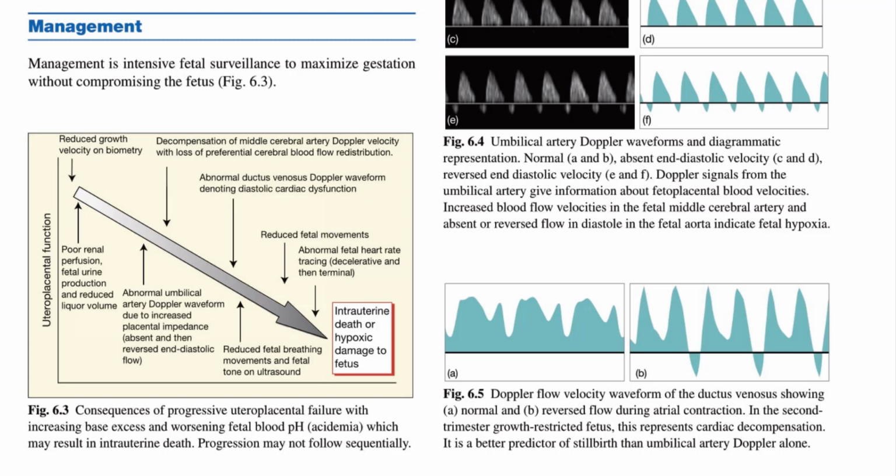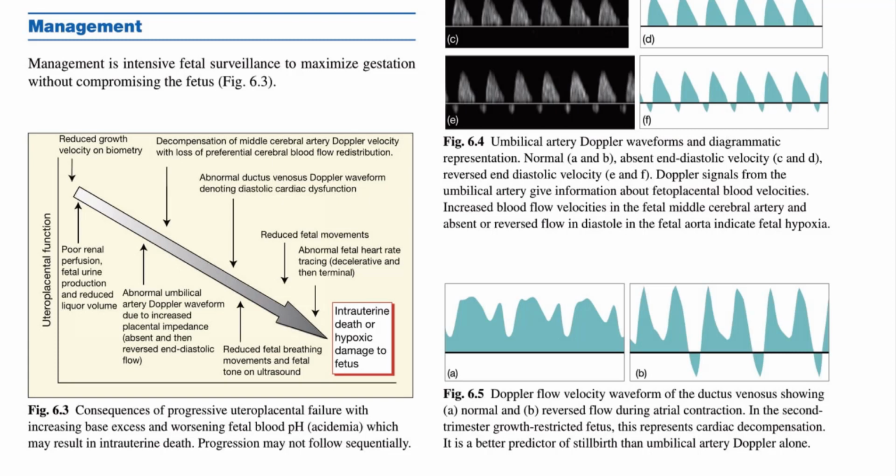Management. Management is intensive fetal surveillance to maximize gestation without compromising the fetus, Figure 6.3. Figure 6.3. Consequences of progressive uteroplacental failure with increasing base excess and worsening fetal blood pH, acidemia, which may result in intrauterine death. Progression may not follow sequentially.